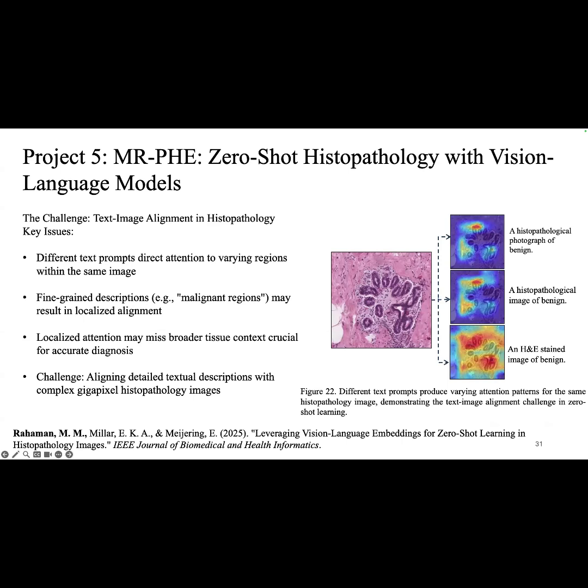So here's the challenge: the same image with 3 different text prompts describing benign. The heat map shows where the model focuses, and they are completely different. So subtle word changes shift attention to different regions.